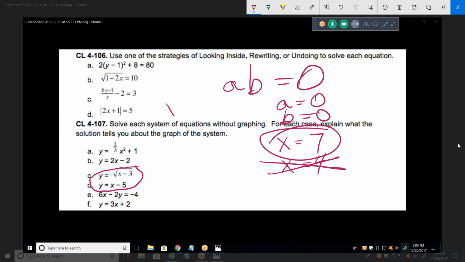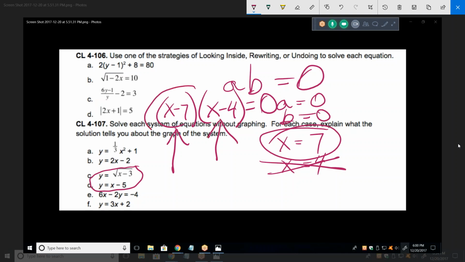Remember what I had. I had x minus 7 times x minus 4 had to be equal to 0. Well, the only thing that means is that either that or that has to be 0. Well, I determined that that was the one that had to be 0. And it's okay if that doesn't have to be 0.